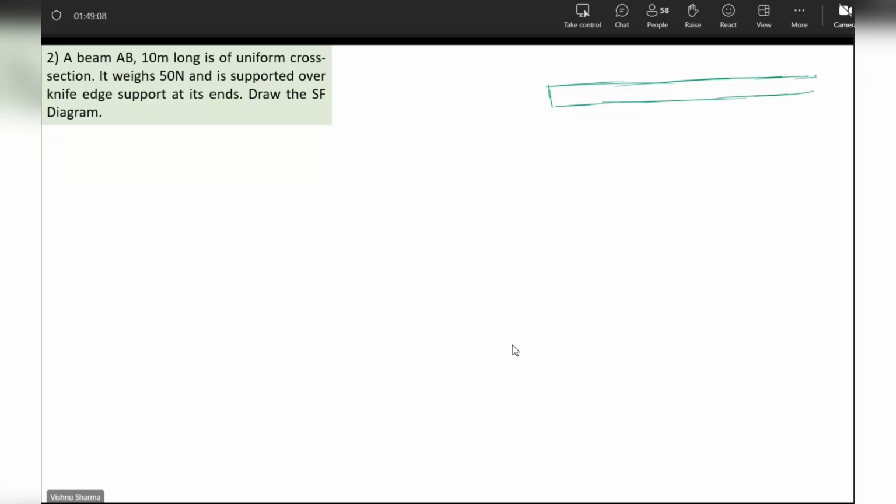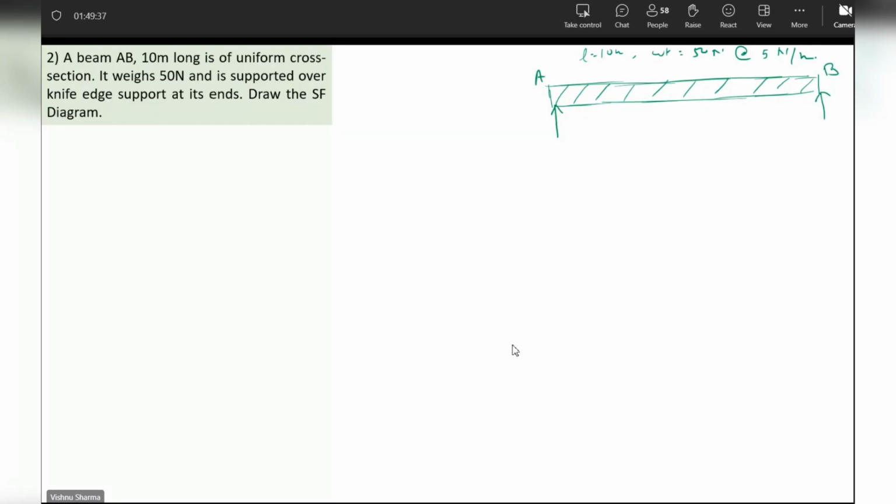Don't live with your concern. This is how we represent a beam with uniform cross section. Length of this beam is 10 meters. Its weight is 50 newtons, and obviously this 50 newtons is distributed as 5 newtons per meter. It is supported over the knife edge supports at A and B.